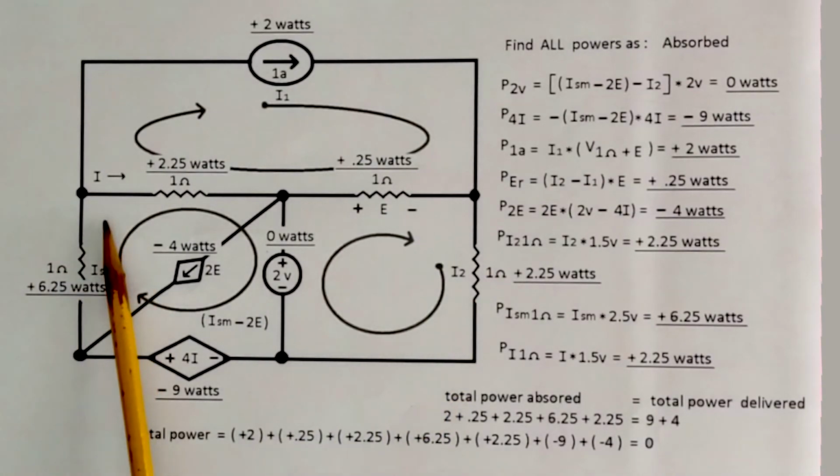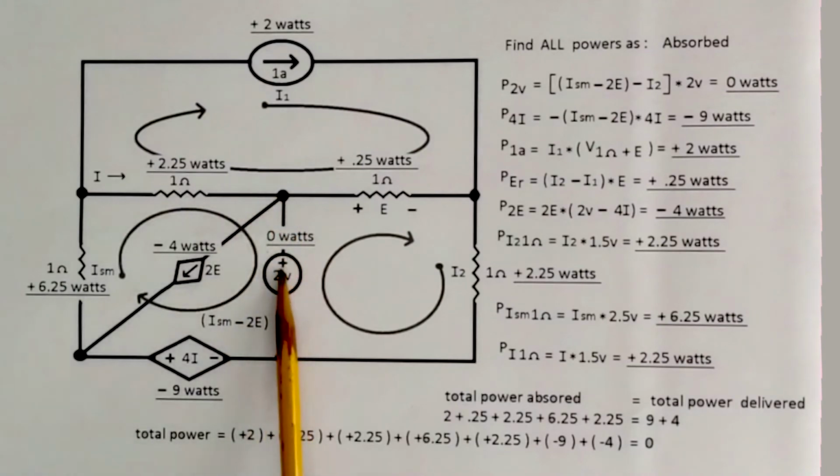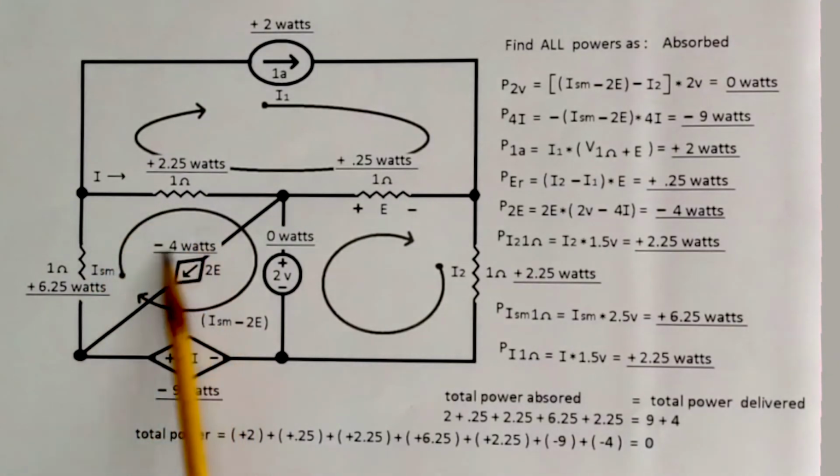If someone wanted to try to set this up with mesh currents, we'd have to have a mesh current for here. We'd have to have a mesh current for here. And then someone would say, oh, well, we have a supermesh path, and we'd have to write our equation on this supermesh path using a mesh current 3 and a mesh current 4.